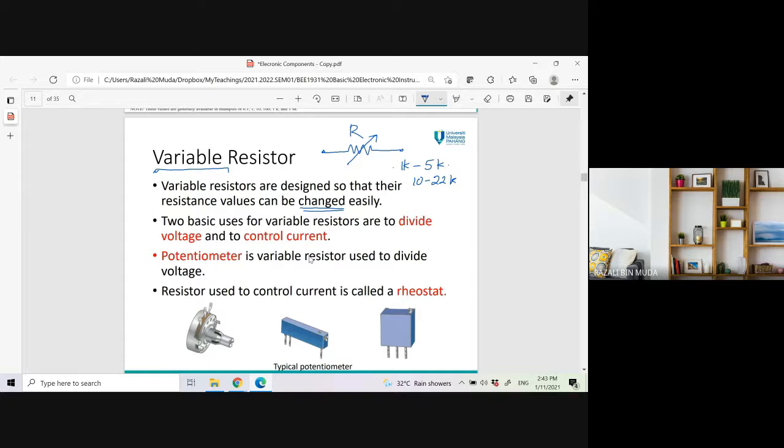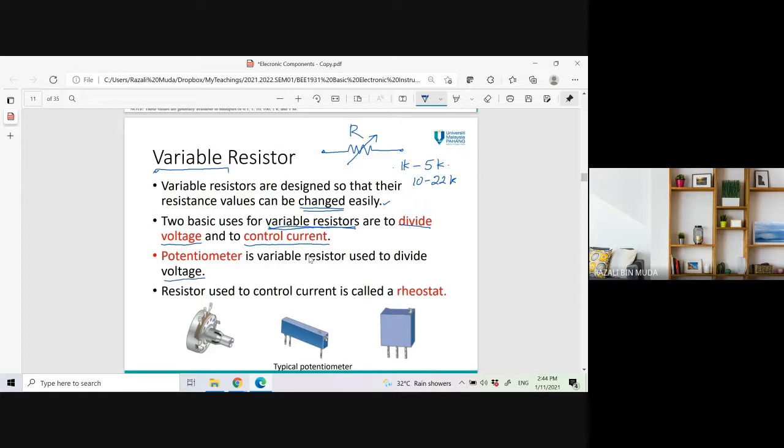Depends on its spec. Variable resistors are designed so that their resistance value can be changed easily. Two basic uses for variable resistors are to divide voltage and to control current. These are the two main functions of variable resistance. Potentiometer is one kind of variable resistor used to divide voltage.